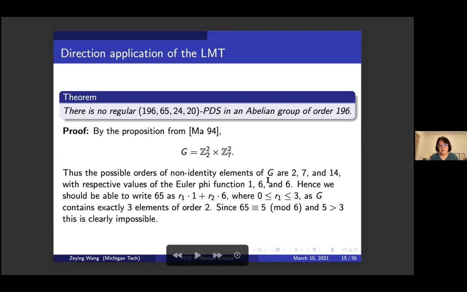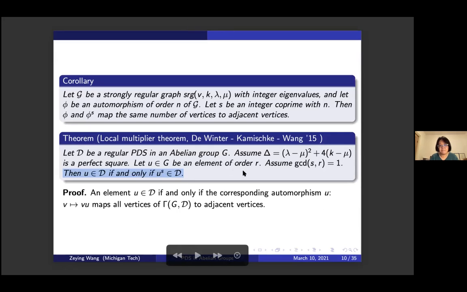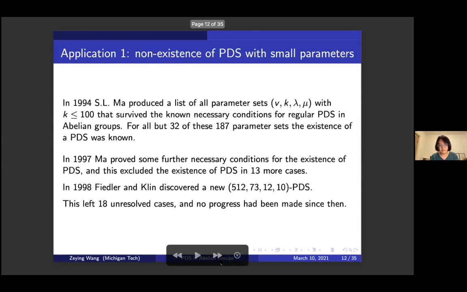Going back to the theorem one more time: if you have an element u in D, then u to the s will also be in D whenever s is coprime with the order. That's why I care about the Euler phi function. So if you have an element of order 7, then right away I know 6 of them will be in D, all the powers up to u to the 6.